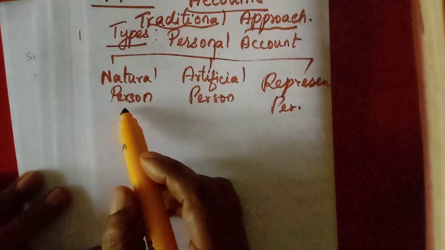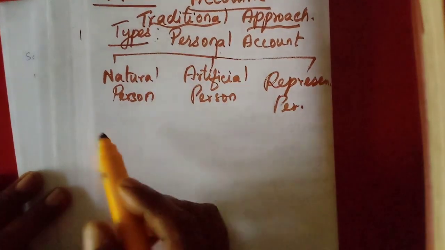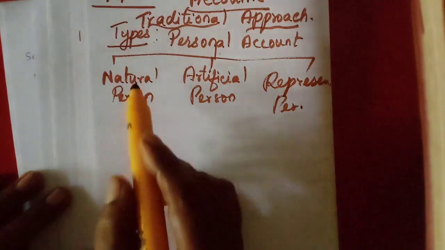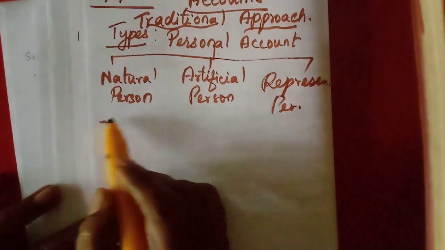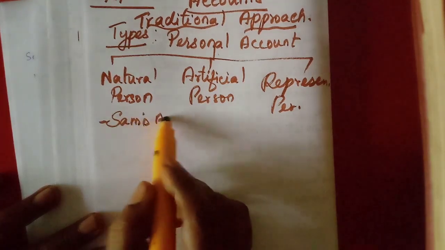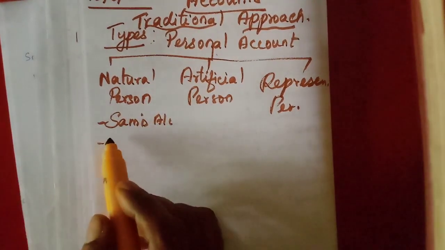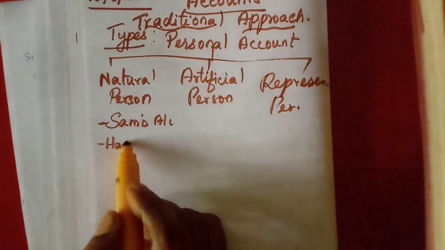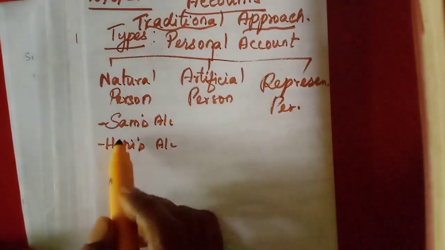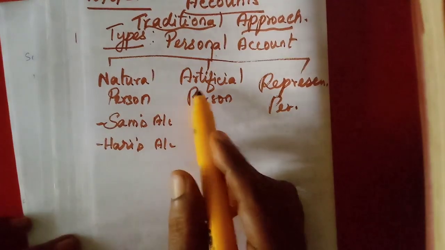Natural person account means the ordinary human beings, those who have life. They are the natural person accounts. For example, I told you Sam's account, then Hari's account. These are natural person's accounts.